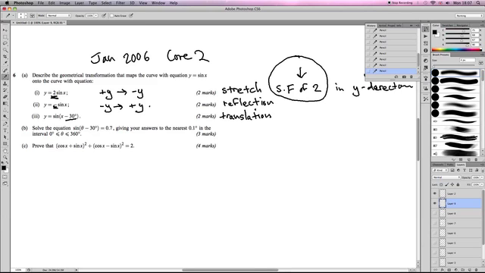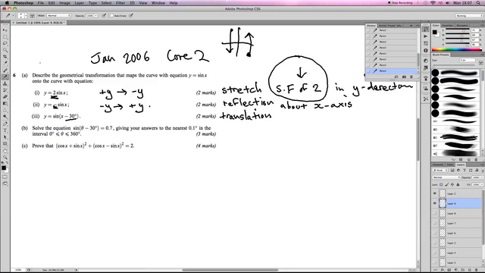So it's affecting the y. This is really important though. It's not a reflection about the y-axis. It's a reflection about the x-axis. So here's your graph. All the positive y's go down and all the negative y's go up. So it's turning about that x-axis there.